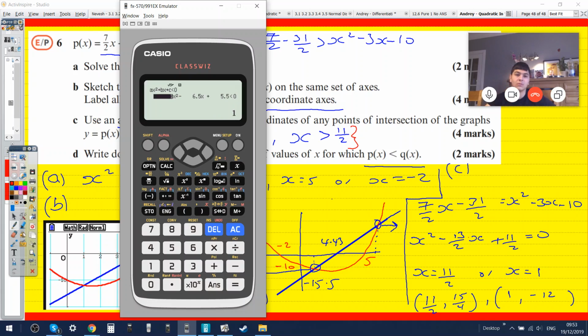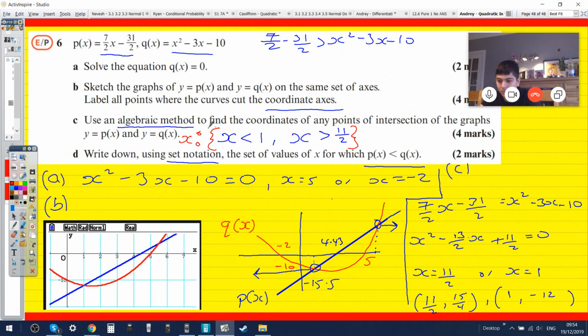I put the sign in wrong. It is greater than. And there we go. x is less than 1, and if you flip that around, x is greater than 11 over 2. And you just put the curly brackets around it, x such that.